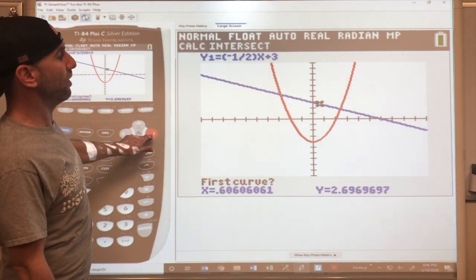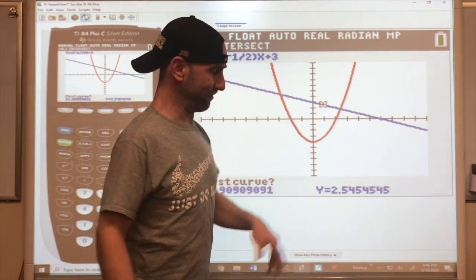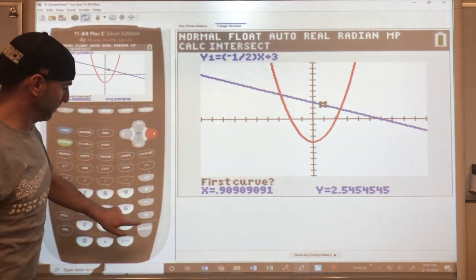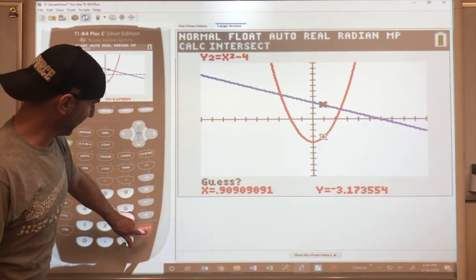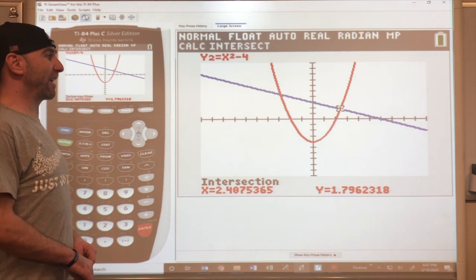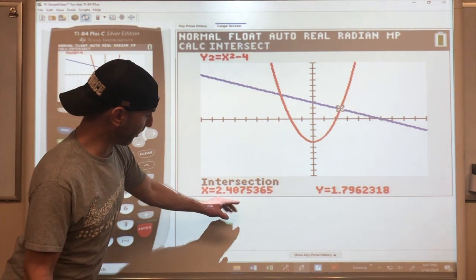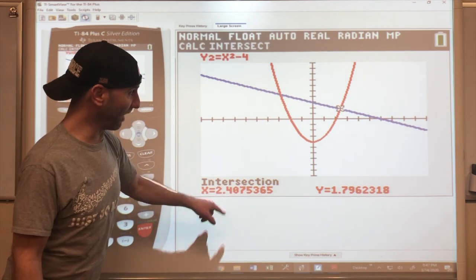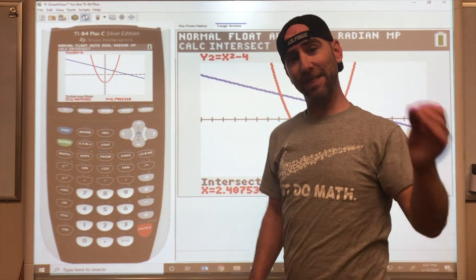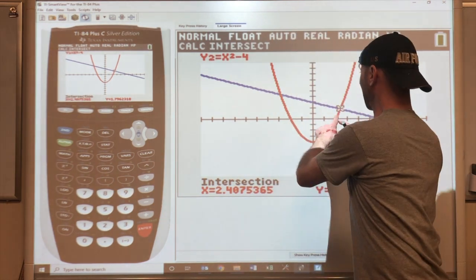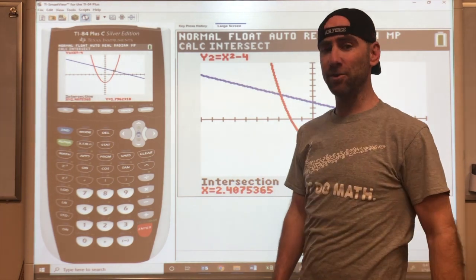Hit the right arrow. As long as he's closer to that one, you're good enough. Hit enter 3 times. Enter once. Enter twice. Enter 3 times. And there is one of our 2 solutions. 2.41 if you round that. That's what we found using the quadratic formula. Then you can go back and find the answer here, and voila, you've got it.